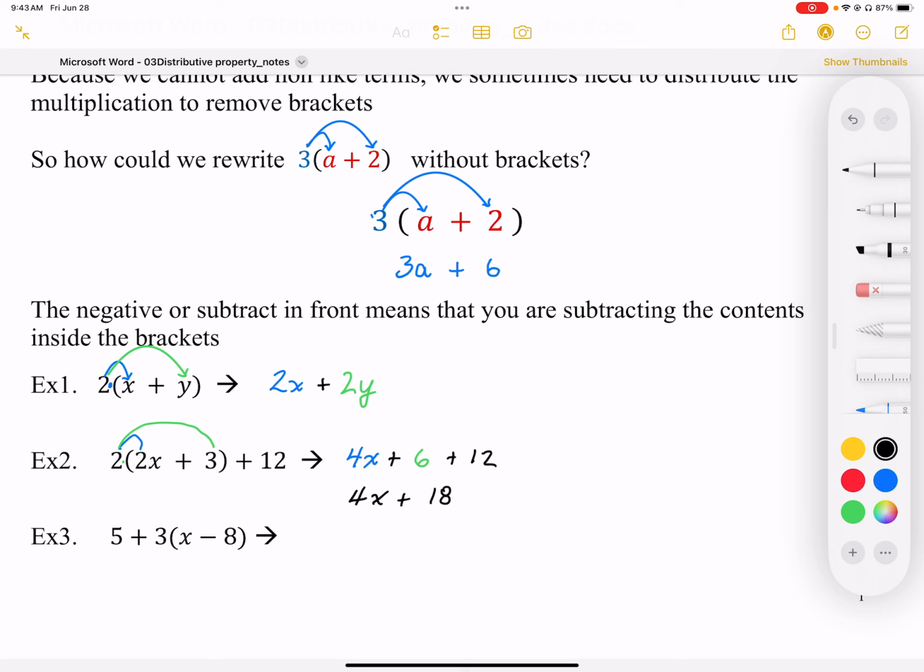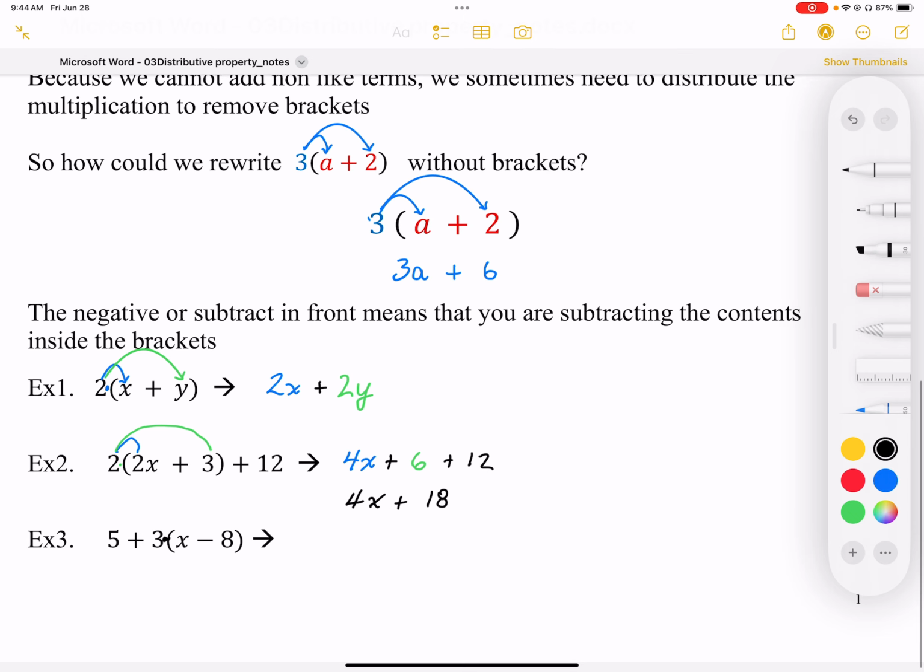Be careful with this because it says 5 plus 3, but we can't do the 5 plus 3 first. This is a big no-no because we have to do groupings first. So BEDMAS means we do multiplication, and there's a times in here, which means that we have to do the brackets first.